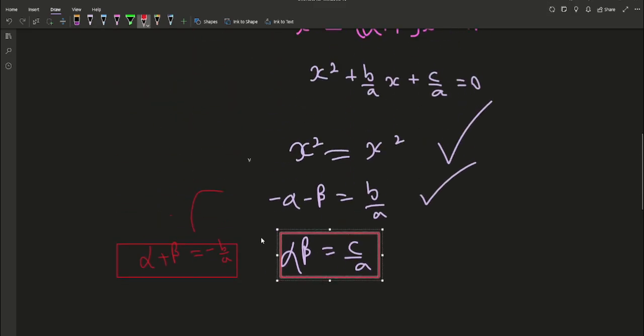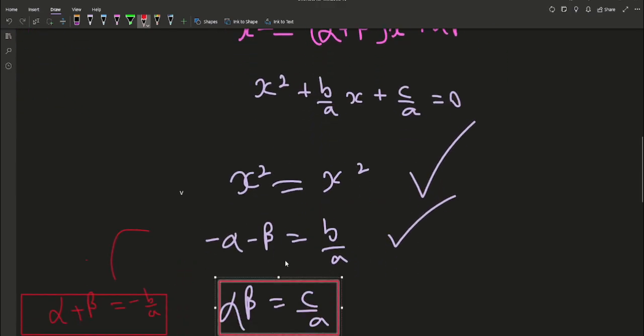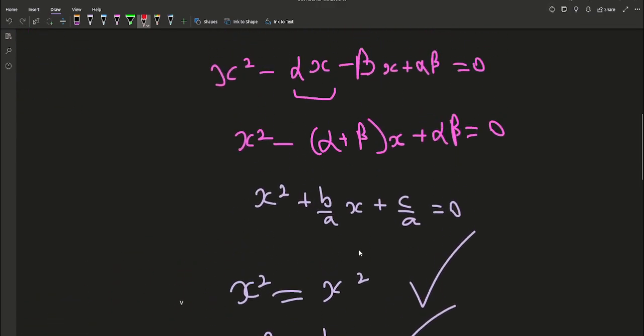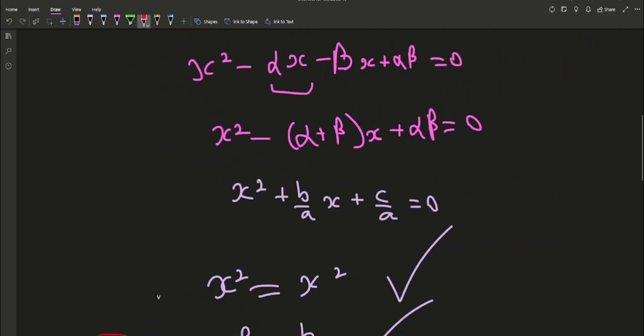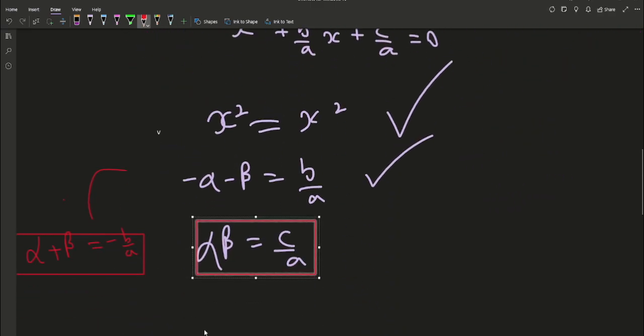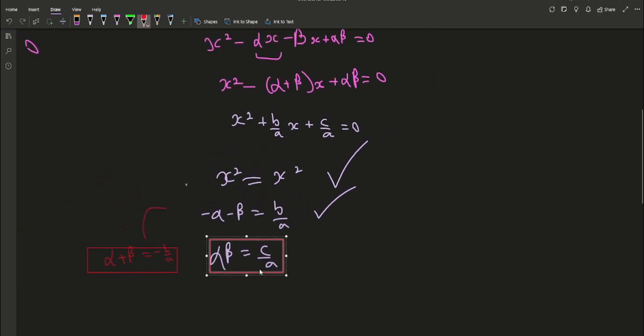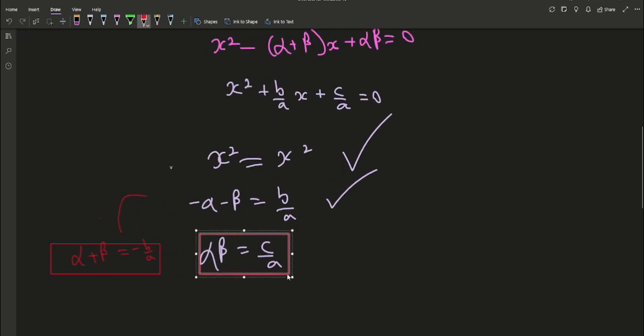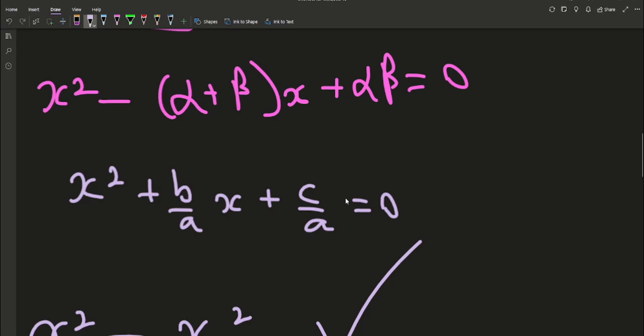Okay. So as you guys noticed, the negative sum of alpha and beta equals our coefficient of x, whereas our positive sum of alpha and beta equals minus b over a, right? And the product of alpha and beta equals the coefficient where there is no x.